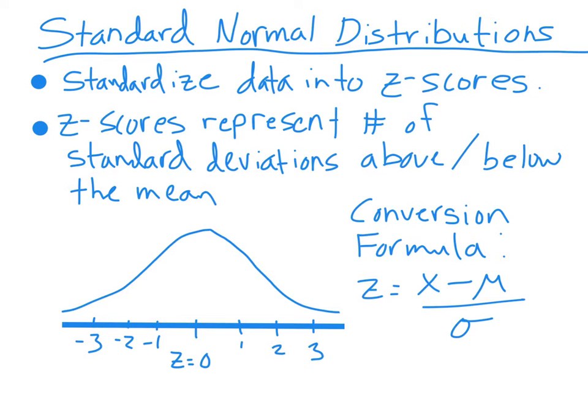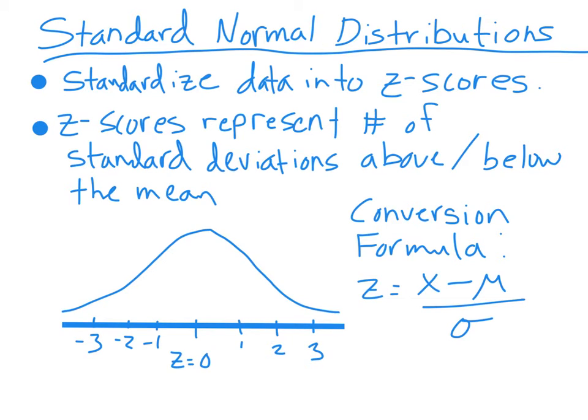So it's still a normal distribution, but the catch is, instead of having the raw data down here, we're going to have what are called z-scores. We standardize the data into z-scores, and z-scores simply represent the number of standard deviations above or below the mean. So in the very middle, instead of having your mean, we're going to have z equals 0, because this is where the mean is, and the mean is 0 standard deviations from the mean.